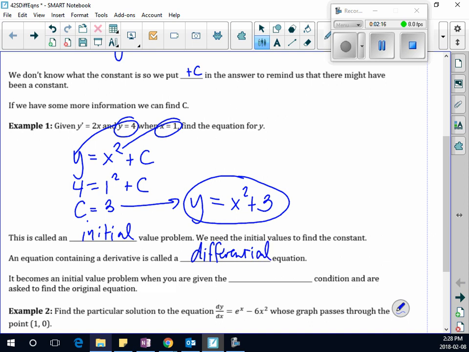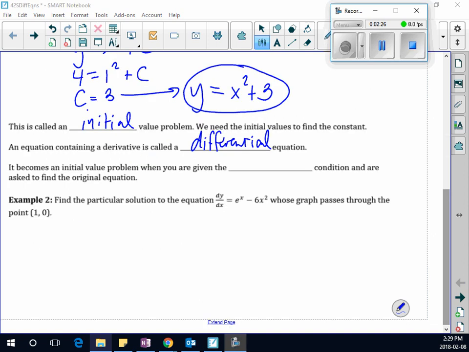It's another course. If you go into engineering, you're going to be taking so many calculus courses: differential equations 1, differential equations 2, and it'll keep on going like that. It becomes an initial value problem when you are given the initial conditions. Make sense? And we are asked to find the original equation.